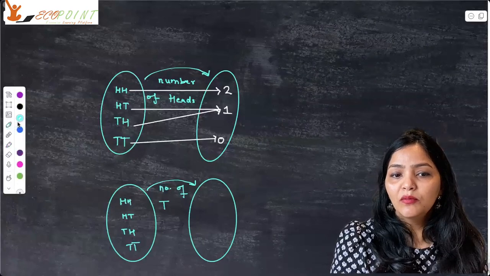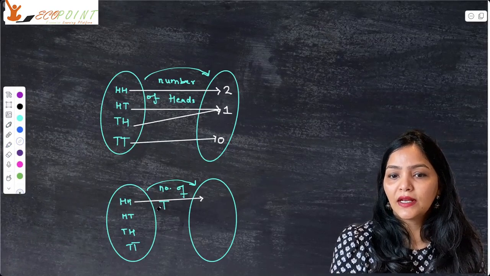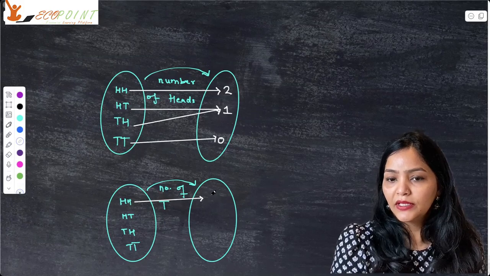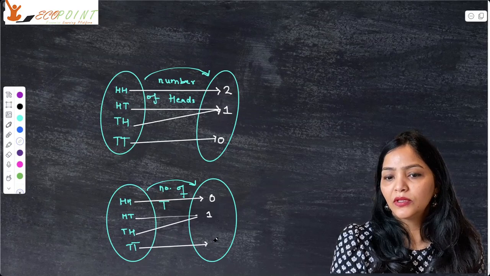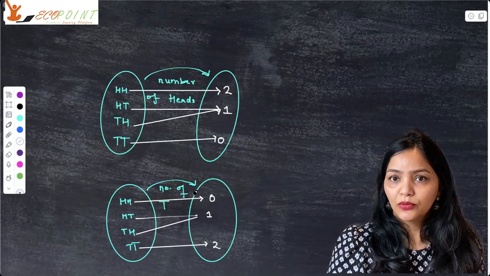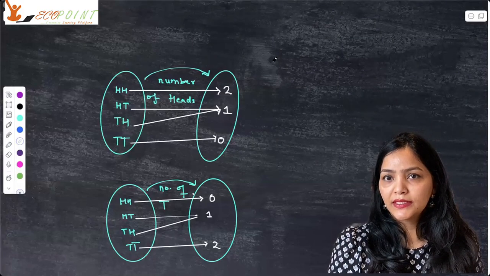It's going to be almost the same thing. The only difference will be the value these outcomes are taking. Head head will give you 0 tails. Head tail, 1. Tail head, 1. Tail tail this time gives you the outcome 2. Okay, so this is how you can keep the sense of random variables in your mind.